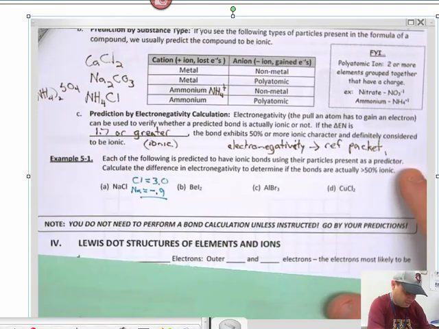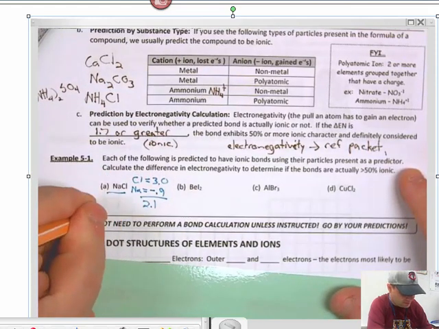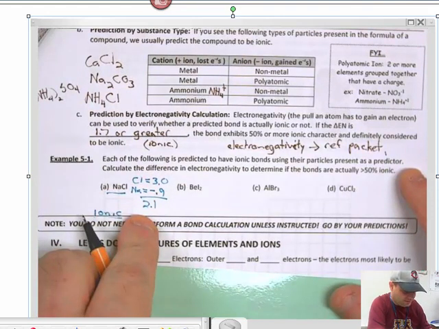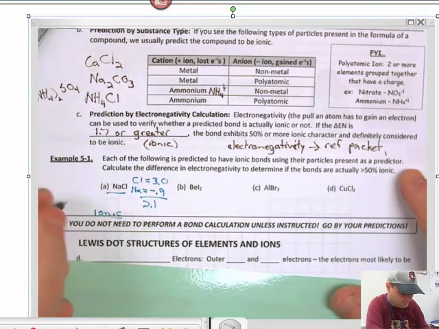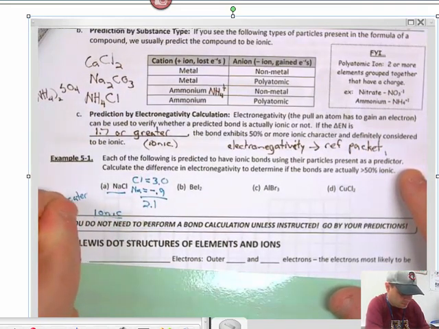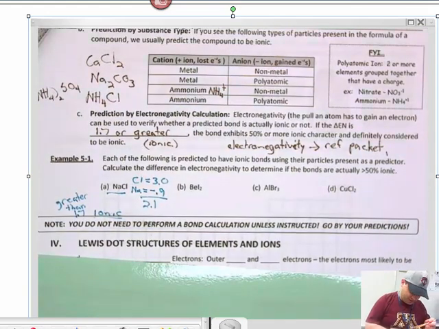You subtract the two, you get 2.1. So this NaCl is an ionic compound, because the difference is greater than 1.7. That's how I know if it's ionic. If it's below 1.7, it is covalent.